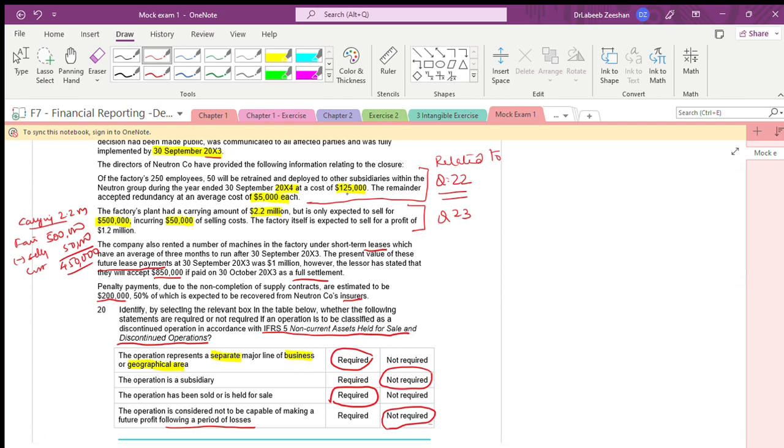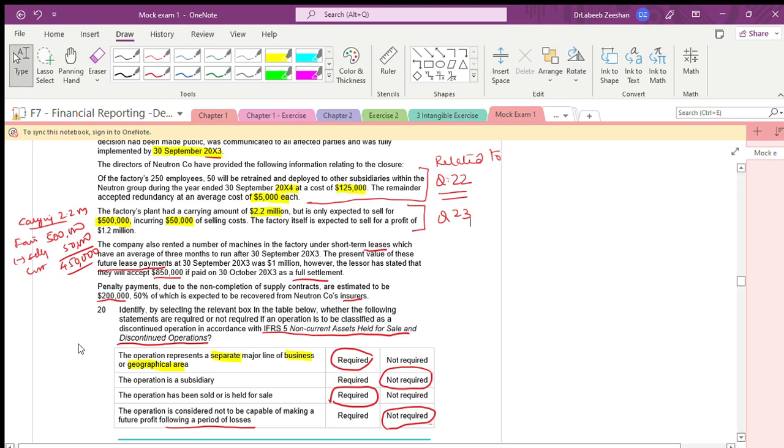It is expected to sell for 500, with selling cost of 50,000. The factory itself is expected to sell at a profit of 1.2 million.